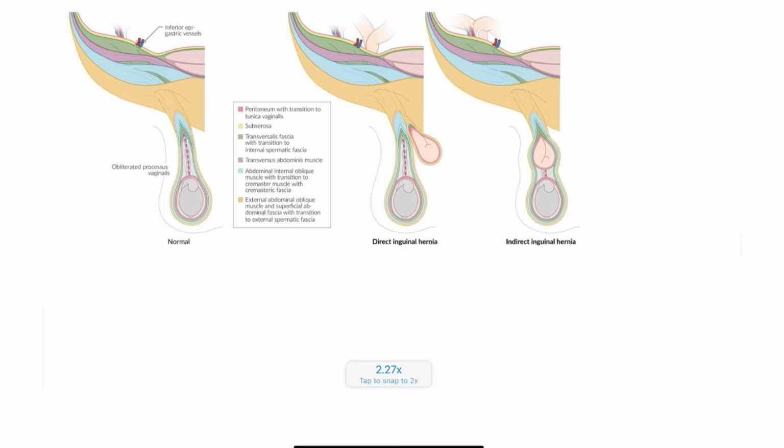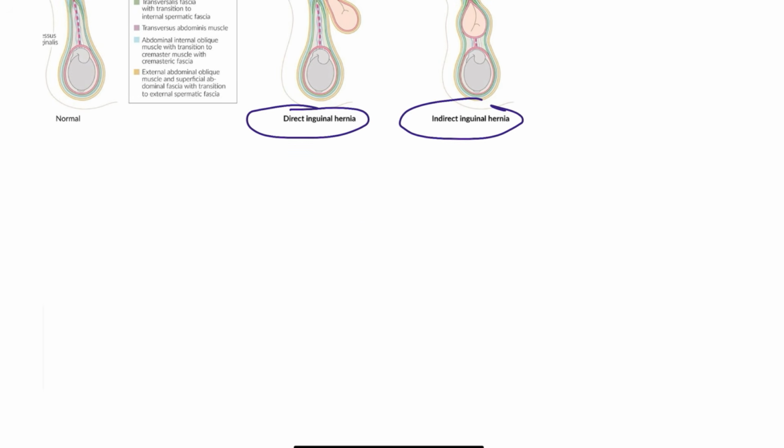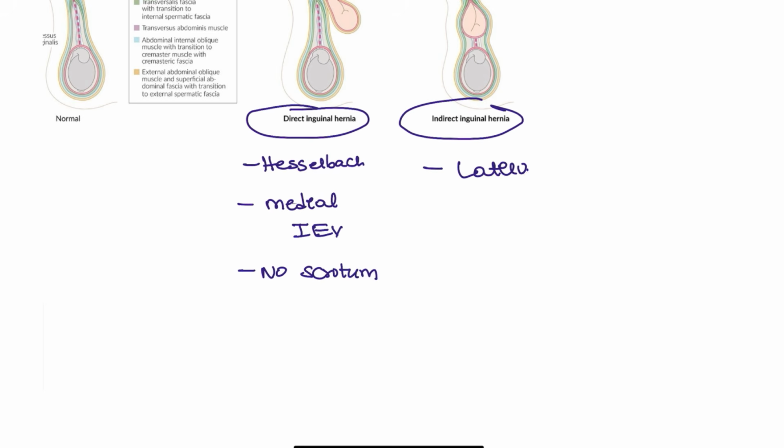Next, hernia. Hernia is divided into direct inguinal hernia and indirect inguinal hernia. Direct inguinal hernia is coming from Hesselbach's triangle, so that means it is medial to the inferior epigastric vessels, and no scrotum is involved. The indirect one is coming lateral to the epigastric vessels, and this will involve the scrotum.